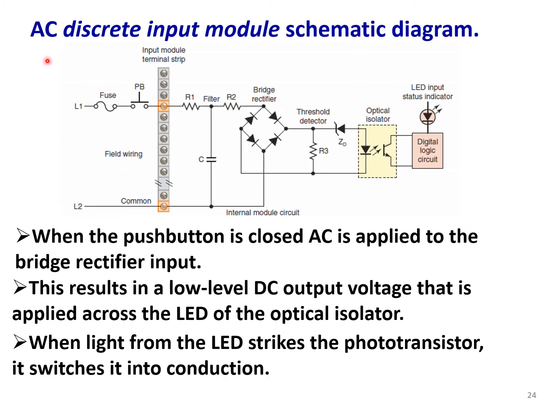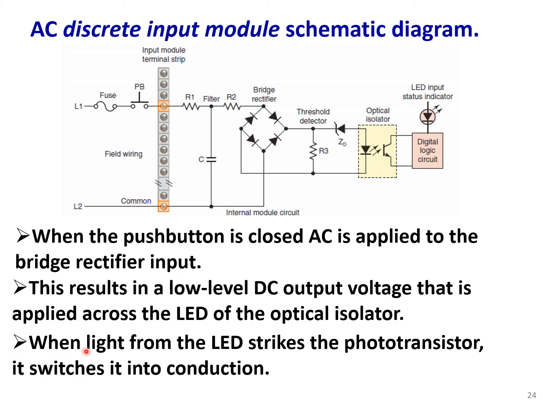Okay, let's see the input module in more detail. We have here an AC discrete input module schematic diagram. When the push button is closed, AC is applied to the bridge rectifier input. Okay, so this is the rectifier that drops the voltage to DC or low voltage. This results in a low-level DC output voltage that is applied across the LED of the optical isolator. So the LED inside that optical isolator will be on and is emitting light.